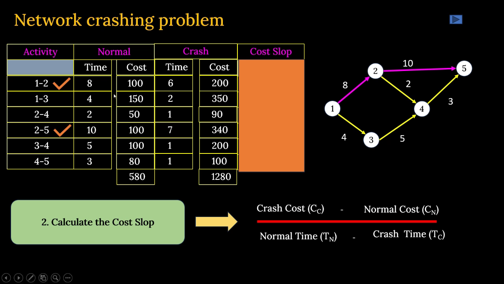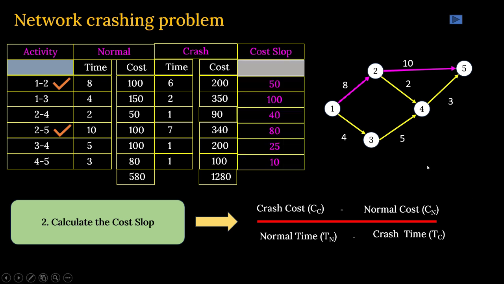So in this example, in 1 to 2 activity, crash cost is 200 rupees minus normal cost is 100 rupees, divided by normal time. Normal time was 4 days, crash time was 2 days, so it is divided by 2 days. Calculation you can find out.